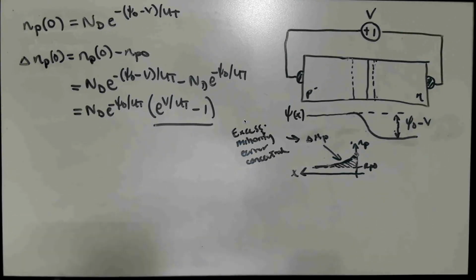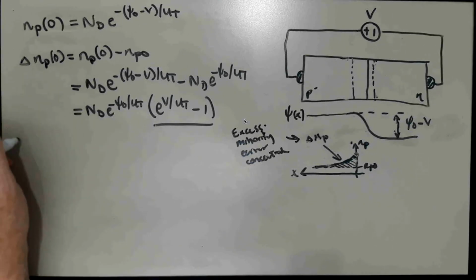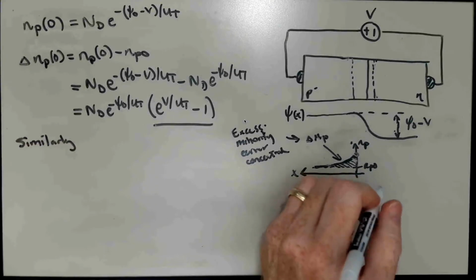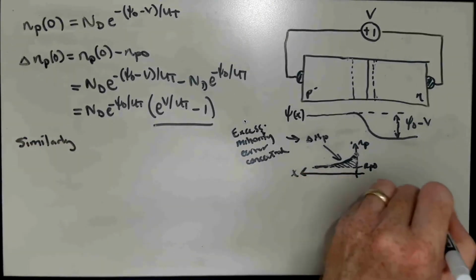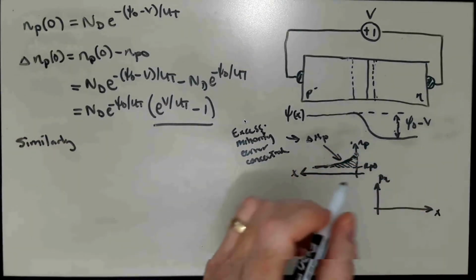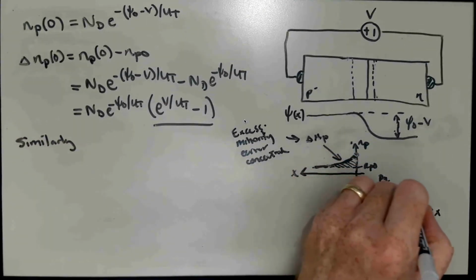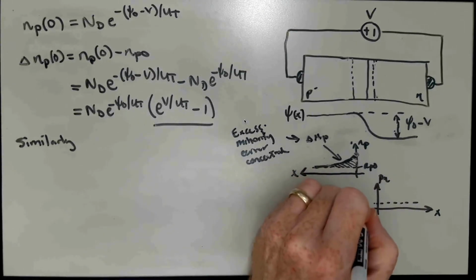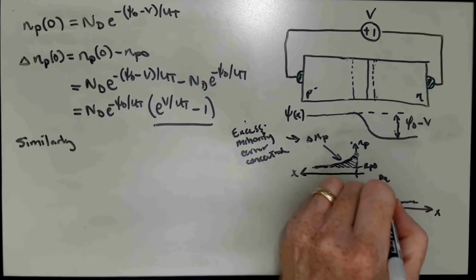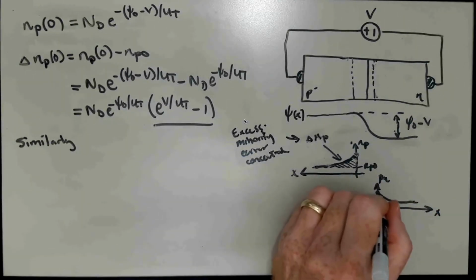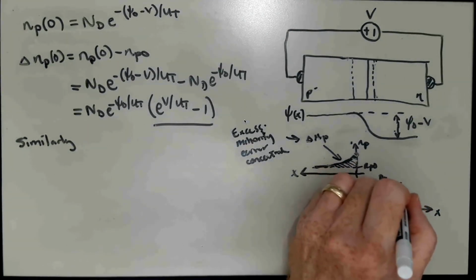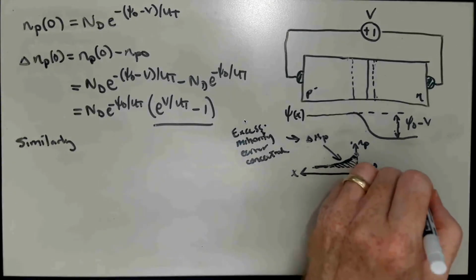Okay, so similarly, we would find that for the p side, there's a p sub n as a function of position, and there's an equilibrium concentration p sub n0, and there would be, again, an exponential type of decay from that injected amount of carriers at the junction edge, and this would be delta p sub n.